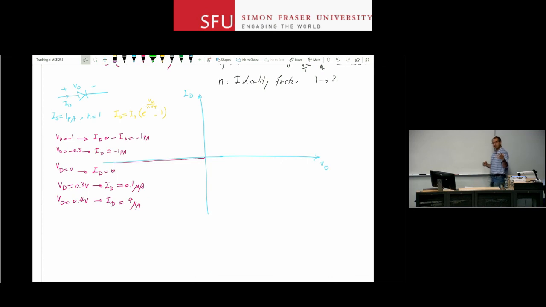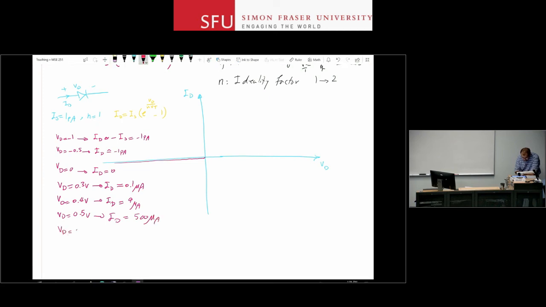A 0.1 volt difference gives you a factor of 100 increase in current. VD of 0.5 gives you ID of 500 microamps. So now you are getting to current ranges that are easily measurable.